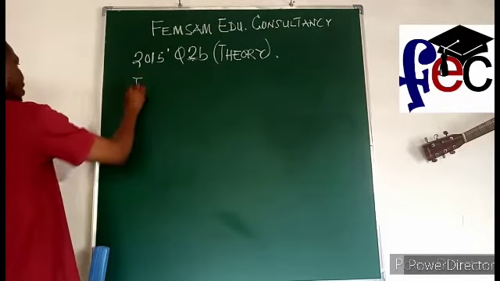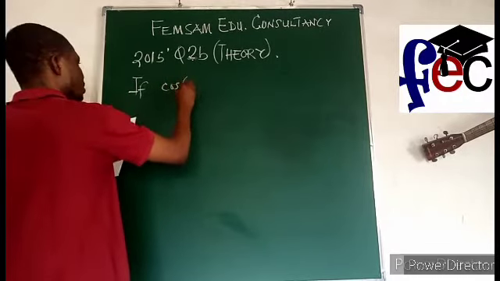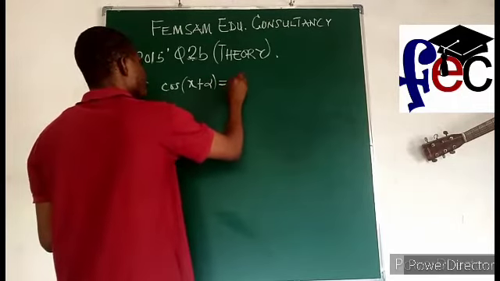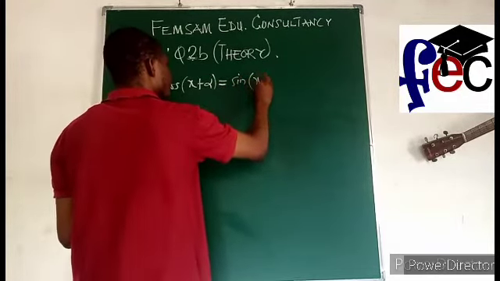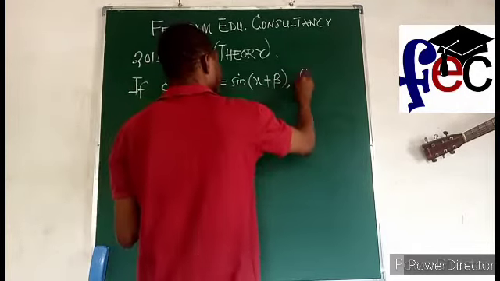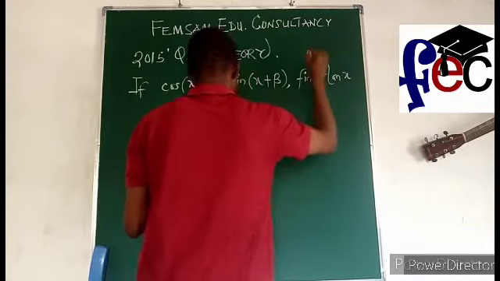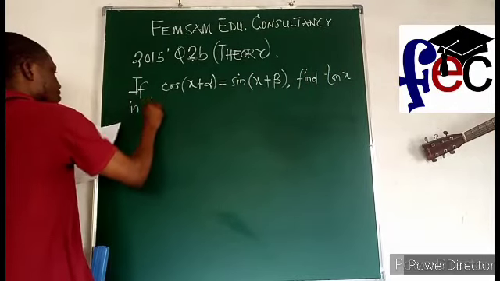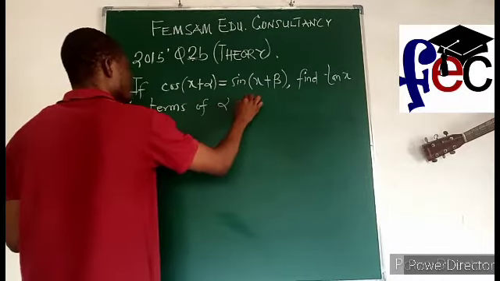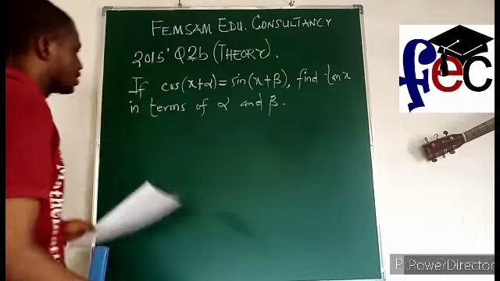The question says, if cos(x + alpha) is equal to sin(x + beta), find tan x in terms of alpha and beta. So that's the question. It's a theory question.